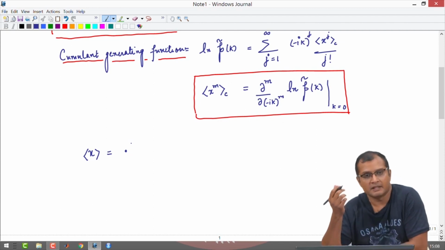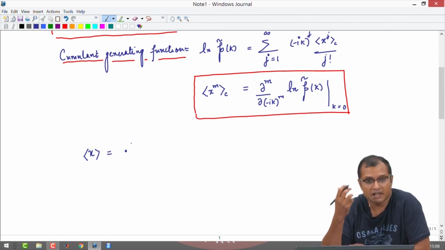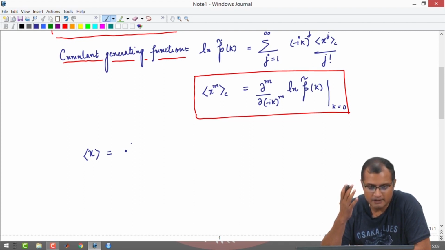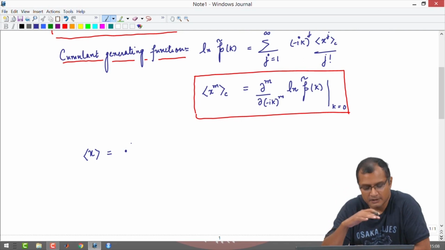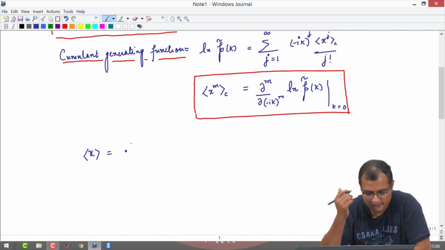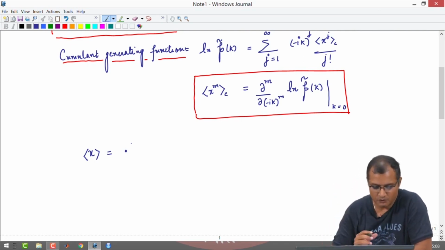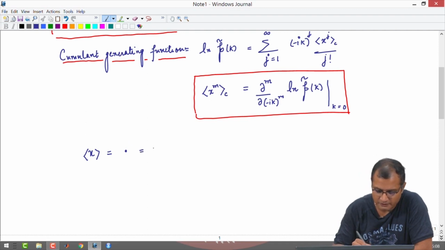As I said, the mth order moment can be written as the number of ways you can arrange m dots, in which you show connected dots as cumulants and dots which are not connected as moments. So, if you want to show graphically the first moment, you show it with a single dot, and a single dot cannot be connected. So, this is nothing but the first cumulant.